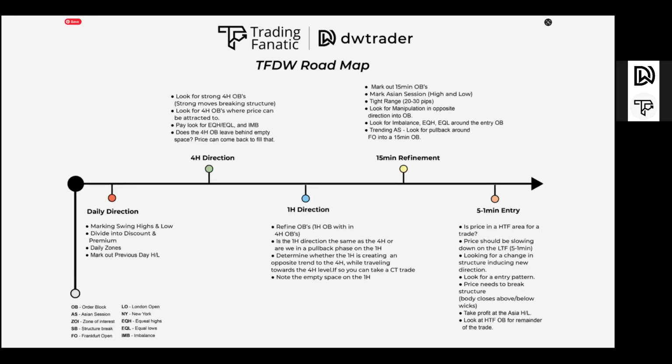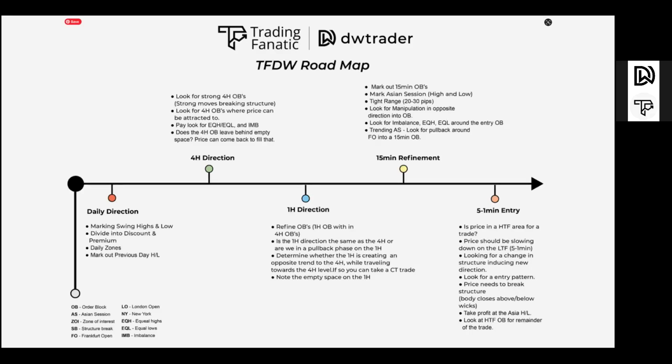We look for that slowdown on the lower time frame, and we know price is slowing down by implementing the things we've just learned with regards to entry pattern number 2. We look for a change in structure and introducing that new direction. We look for an entry pattern. Price needs to break the structure, body closes above or below the wick. So I see a structure break when we have a body close above or below the wick.